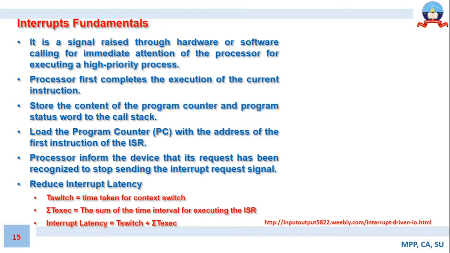So interrupt latency is contributed by these two timestamps: one is the context switching time, and then we have the execution time. Now the context switching time also includes the time that is required to switch from the ISR back to the normal execution. So we have context switching taking place from the normal execution of the program to the ISR, and from the ISR to the normal execution of the program.